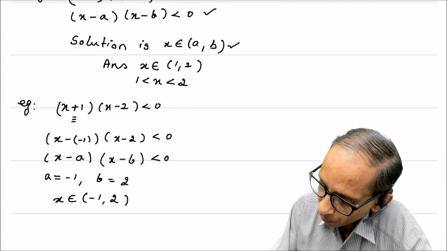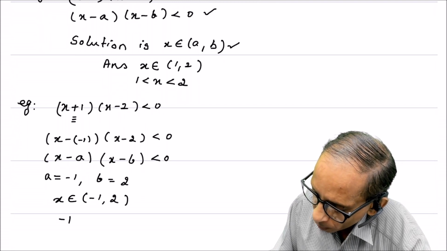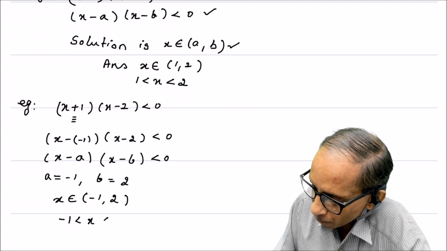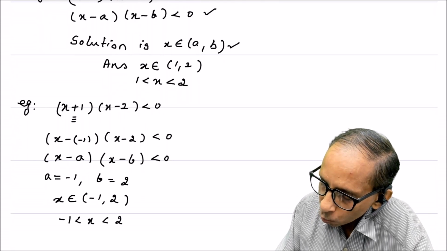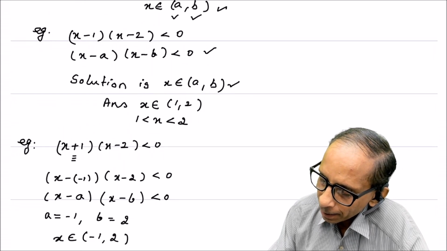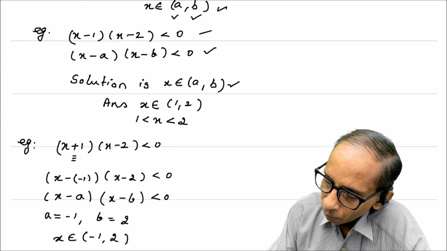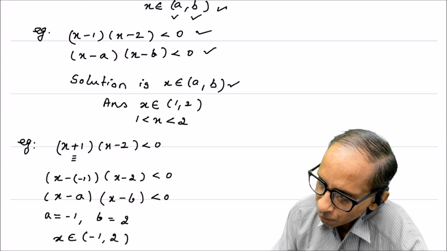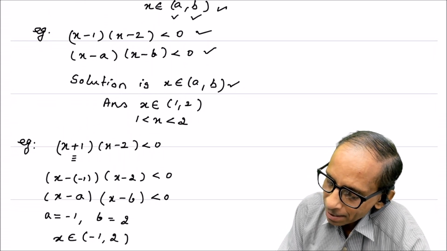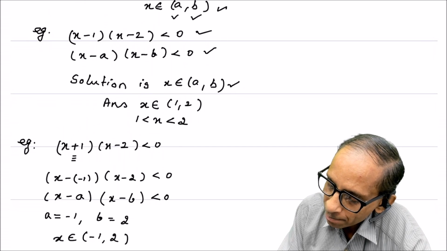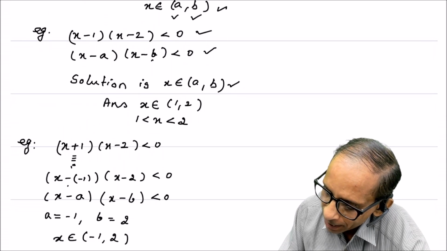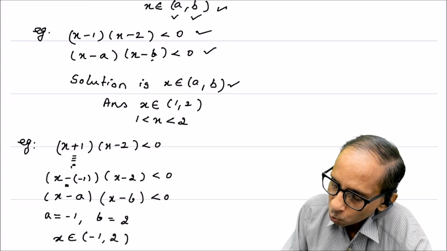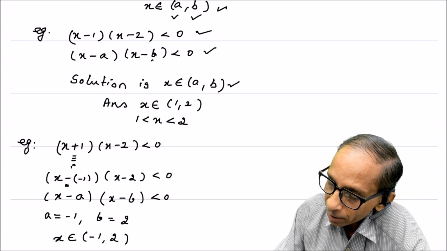One may also write it like this as minus 1 less than x less than 2. So this was a case unlike the case of this one where the format was x minus 1 x minus 2, that is x minus something into x minus something, but here it was x plus something, so we converted it into x minus format so that it becomes the standard form.